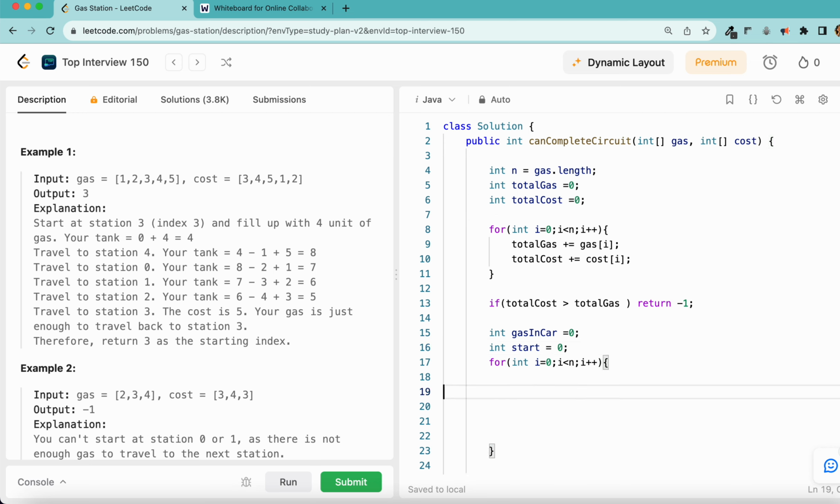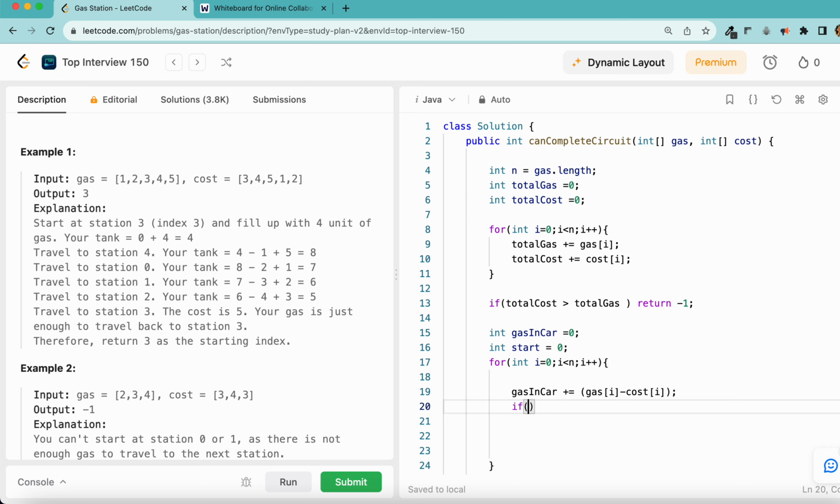The current gas in car is the gas at a certain position minus the cost at that position, with a bracket. I'll be adding it to the previous one, because we traverse from one index to another and need to accumulate it, right? So this is my gas in the car.